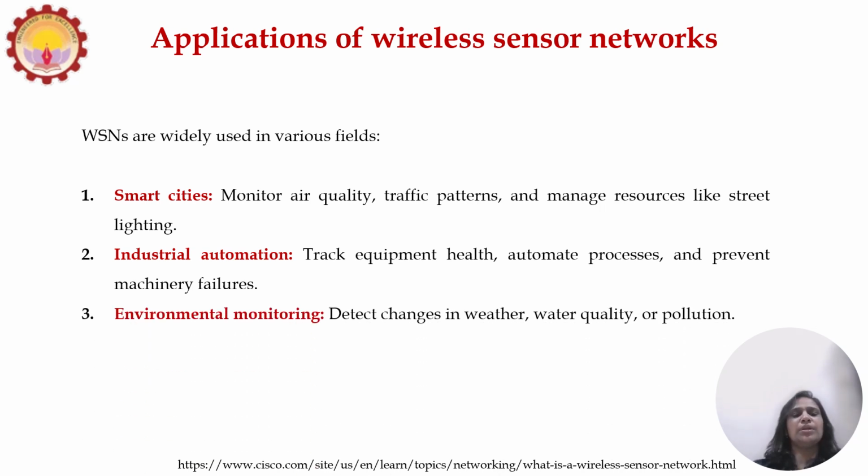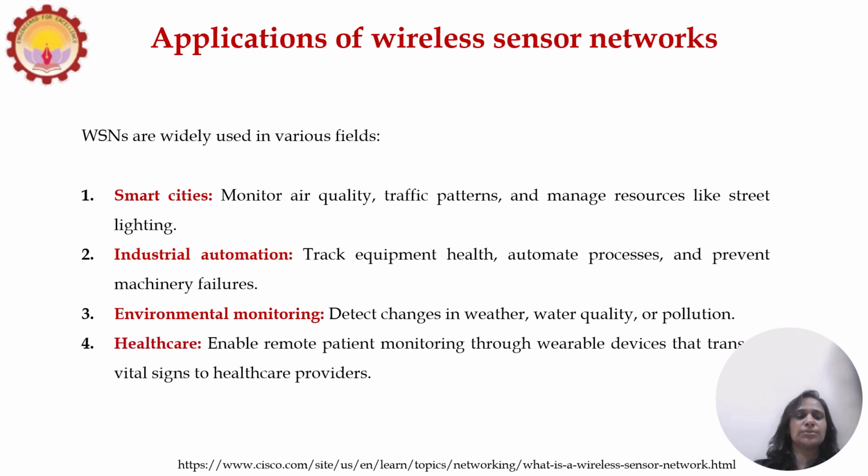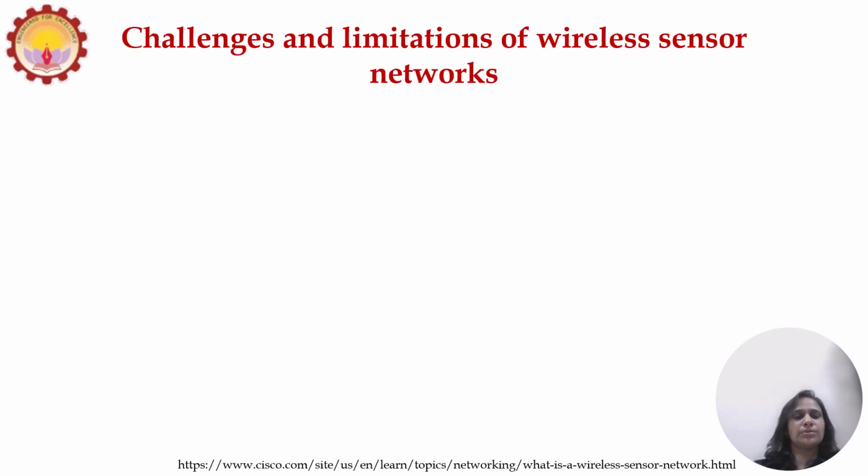In environmental monitoring systems, wireless sensors are used to detect changes in the weather, water quality, and pollution. In the healthcare sector, they are again used to enable remote patient monitoring through wearable devices and send signals to health providers.